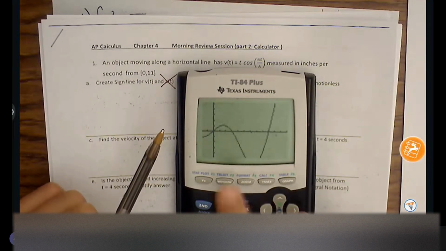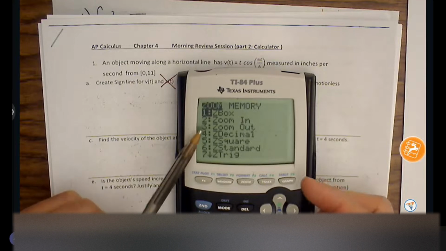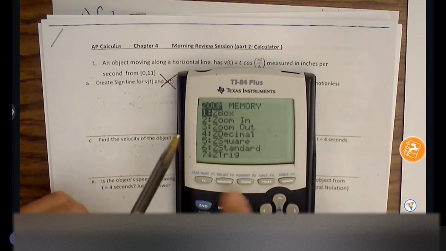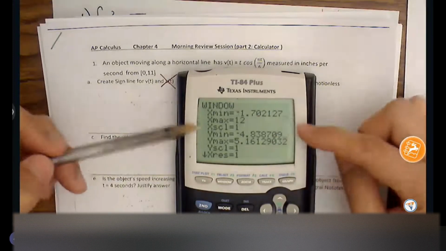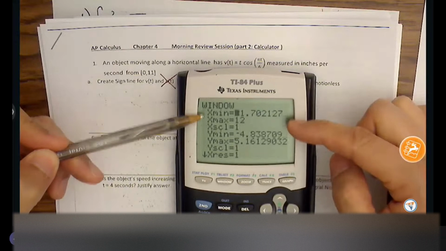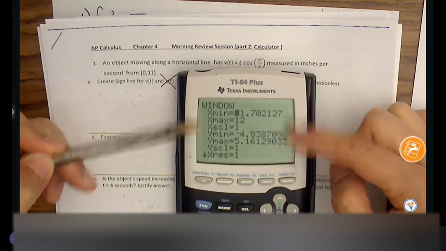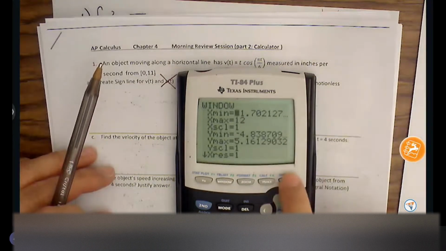But I mean, you could just as easily do zoom 6, and then zoom out from there. I just wanted to play with x. So you can always play with your x min, x max. Don't worry about the scales, but you can always play with these to get specific values if you like. And what do I click after that? Just hit graph. Okay.